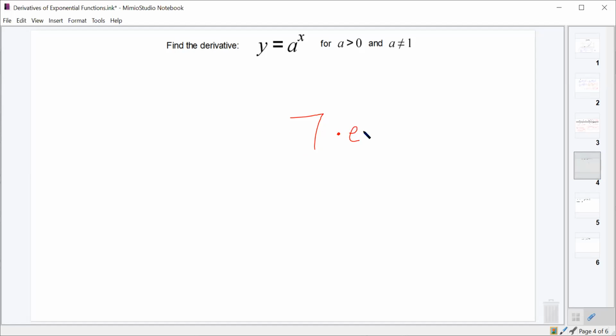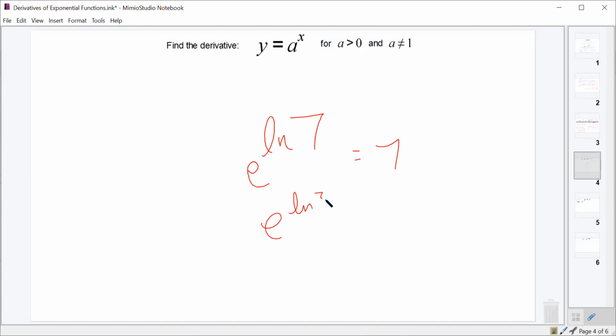All right, we could, yeah, that's still the same thing, but that didn't rewrite the 7 per se. Isn't that the same as 7? e to the natural log of 7? Yes. Yeah, that's something you should have learned, right? e to the natural log of 7 is 7.